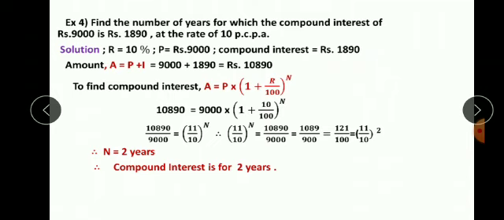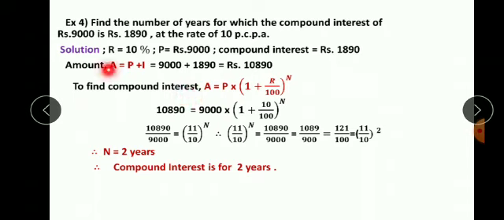So amount is equal to, which formula will we use? A is equal to P plus I. You know this formula, earlier also we have used. So P is 9,000 and I, interest, is given as 1,890. So the total amount will be 10,890.